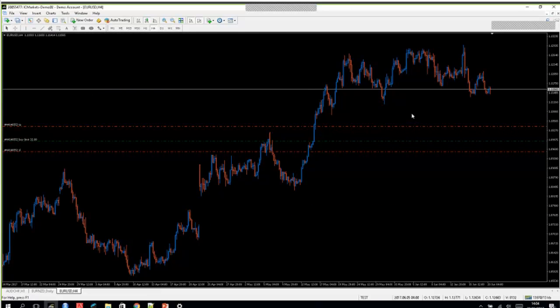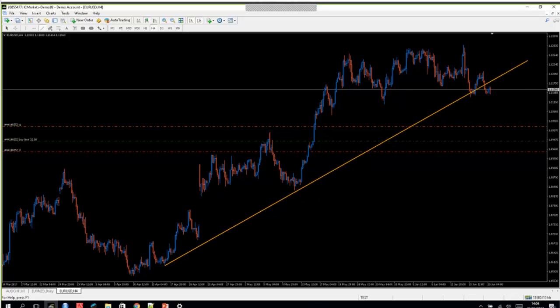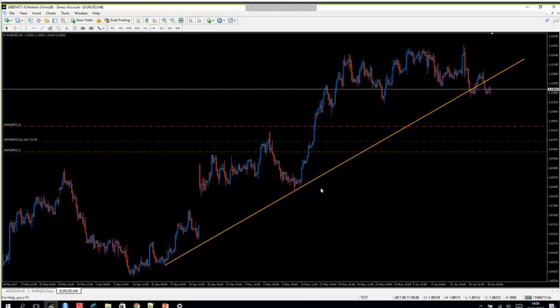Some people like to make sense of price by attaching channels or trend lines to these lows and to these highs. You can see we have this trend line that goes from this low to this low, and price is just struggling to move through it at the moment.